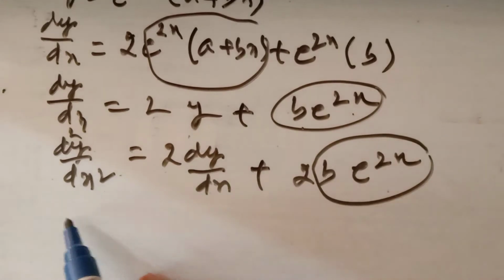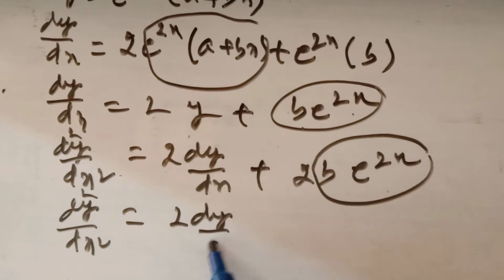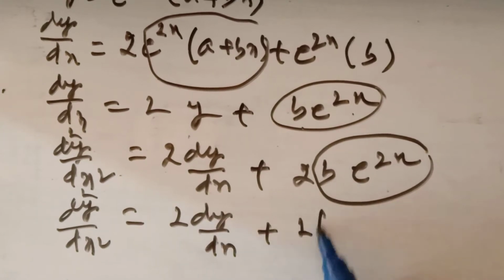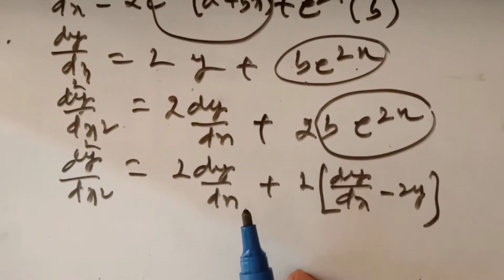So b will also be eliminated. So this is 2 first derivative plus 2 times dy/dx minus 2y. Open the bracket and simplify as far as possible. So this is the differential equation for question number 4.